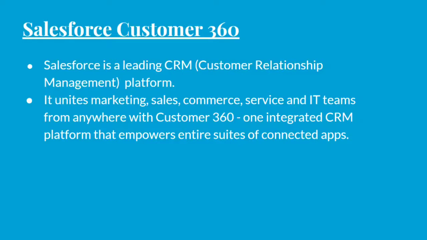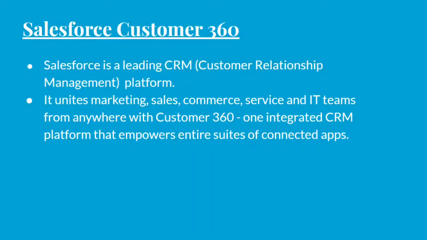When you have an organization, you will definitely have different divisions in your organization. So what does Salesforce Customer 360 do? It gives you one single integrated CRM platform where you can connect your different units or divisions of your organization.